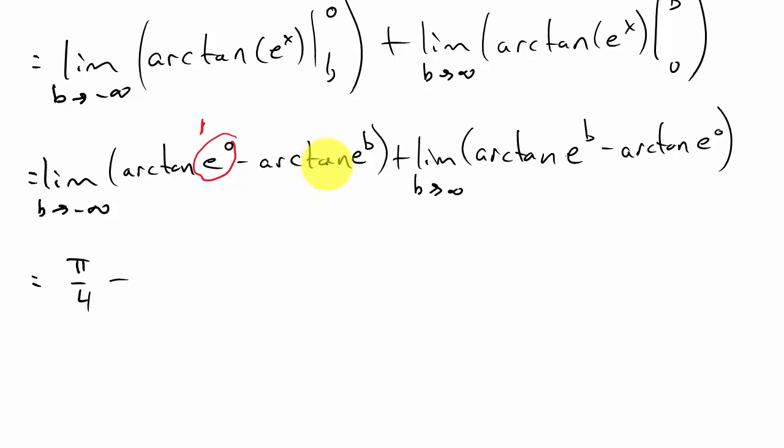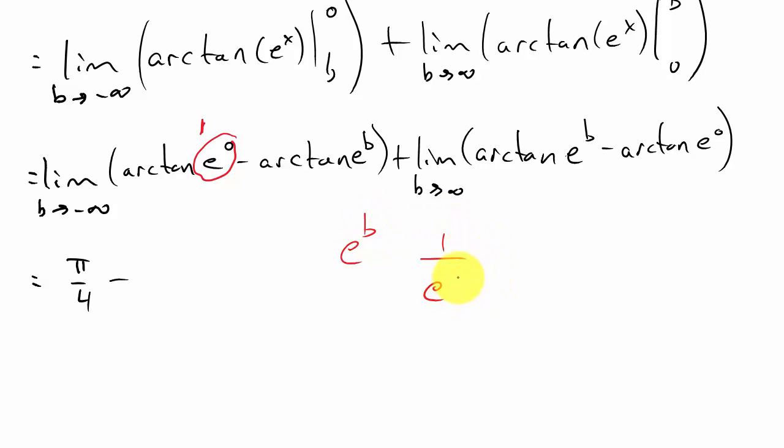Minus, and now we do this one. Do you remember what this is? As b goes to negative infinity, e to the b is like e to the negative infinity, so these are negative numbers. If I write it as 1 over e to the positive power, see how it was negative up here?